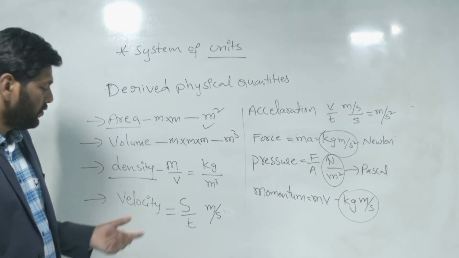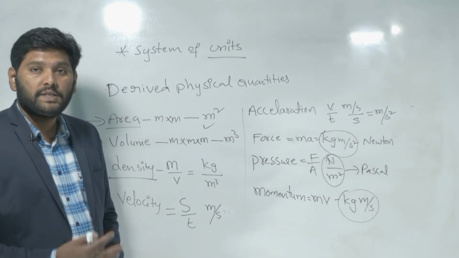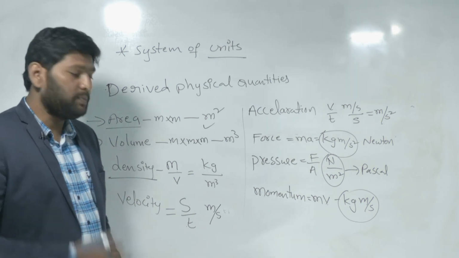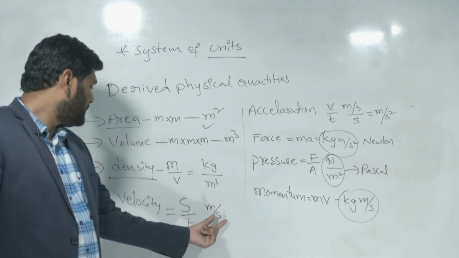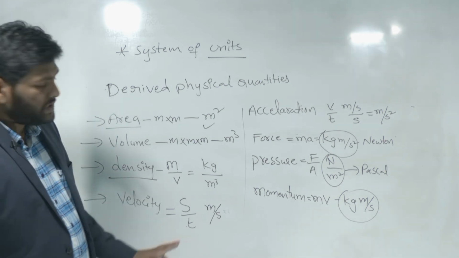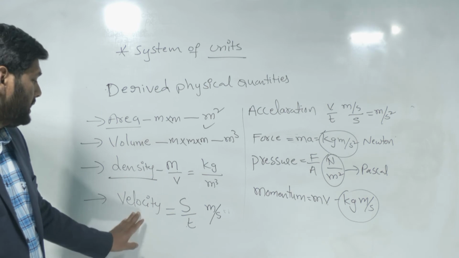In a similar way, the velocity formula is distance per unit time, or displacement per unit time. Displacement units are meter and time units are second. So finally meter per second is the SI unit of what? Velocity.